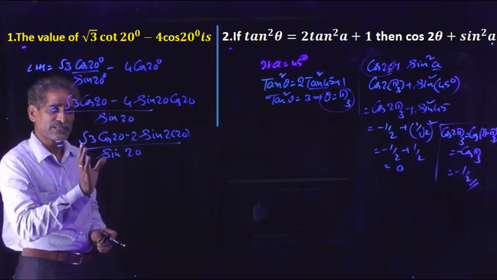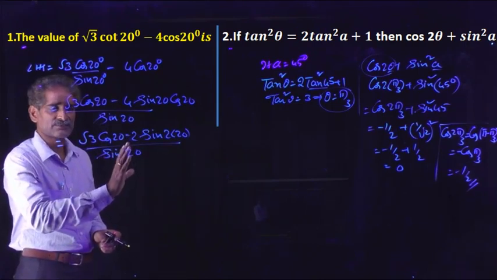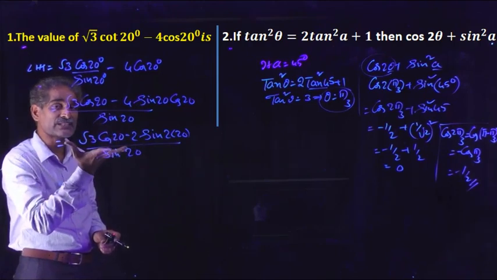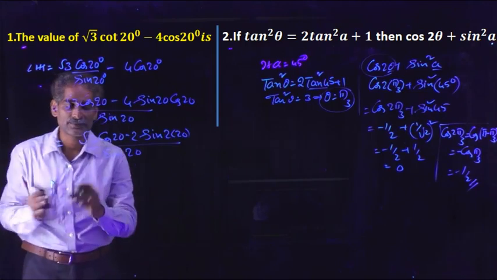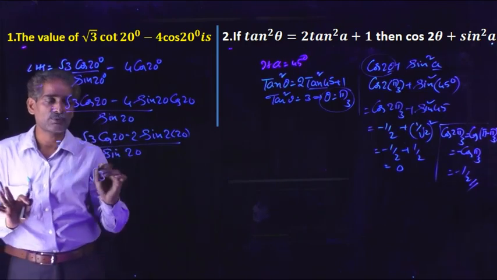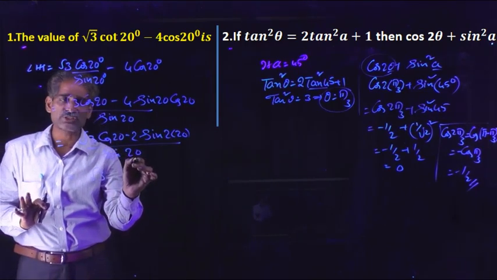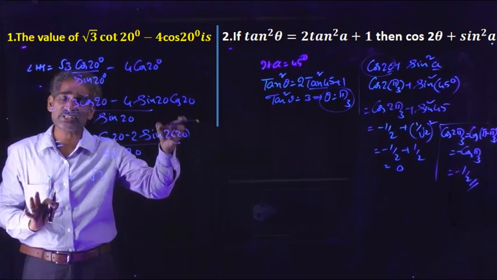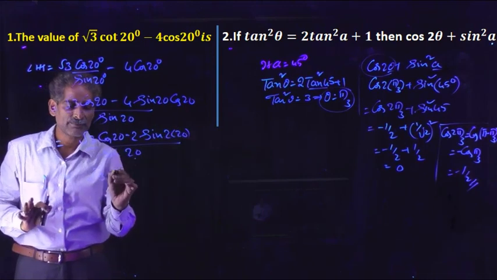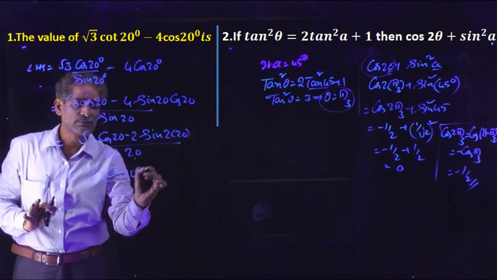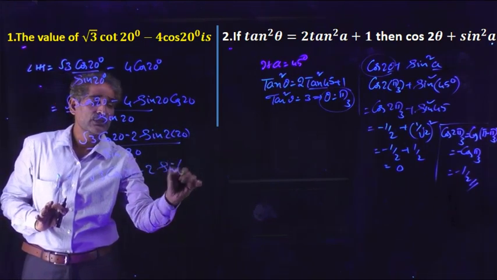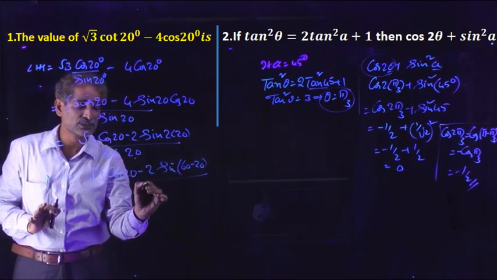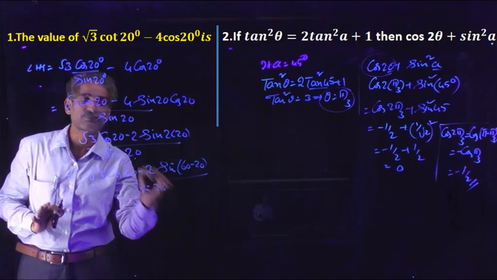If you express all the angles with a fixed angle with the help of standard angles, see here, root 3, okay, no problem. 20 is there, here also 20 is there, don't disturb these 2 angles. Here 40 is there, try to write this also in terms of 20 degrees. Then cos 20 minus 2 sine of 40, that means 60 minus 20. The total expression only depends upon 20 degrees.